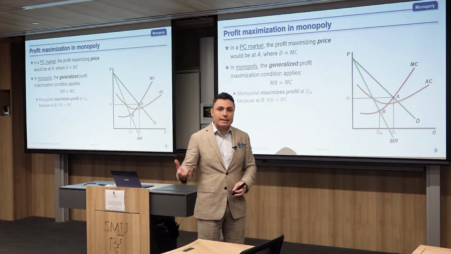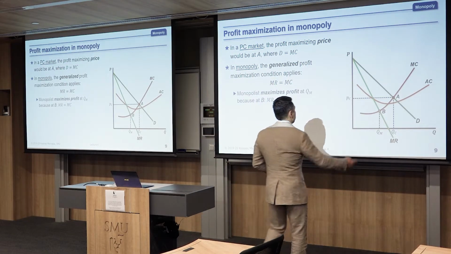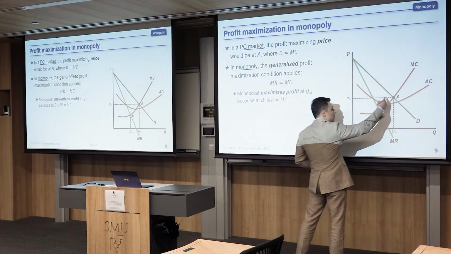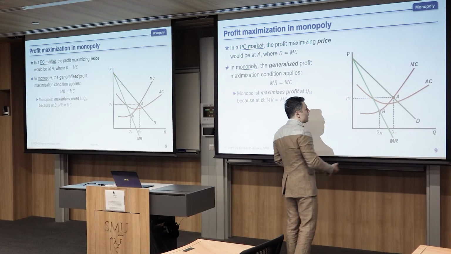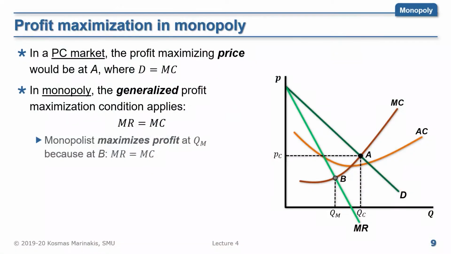This curve is the demand curve. See here, my price for the perfect competition comes from the demand curve. The same will happen for the monopoly. So I will have to take point B, project it up to the demand curve, and then the intersection with the demand curve from this projection will actually give me the price of the monopoly.